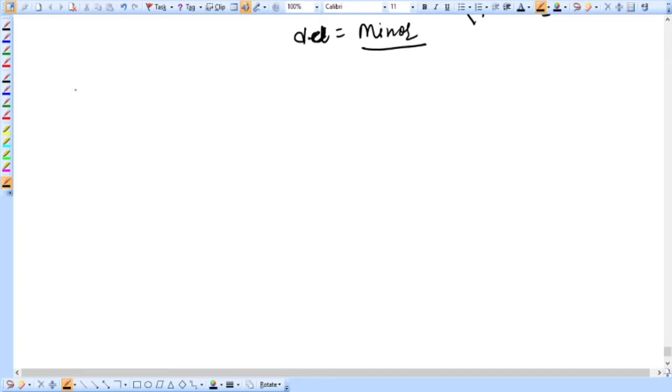Now let us define what is rank of a matrix. It is denoted by rho, rank of matrix, okay.